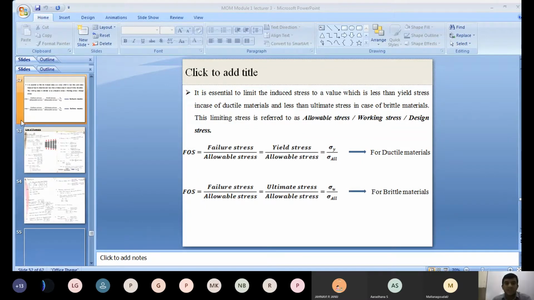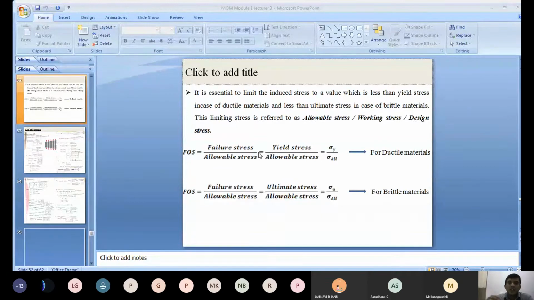Factor of safety is the ratio of failure stress to allowable stress. If the aircraft structure is made of ductile material, then we apply sigma y by sigma allowable. Sigma y we already know. Then calculate the factor of safety, which is given and should be greater than 1. Then calculate the limiting or allowable stress. Once you get the limiting stress, you determine the stresses induced in the component due to the external applied load.